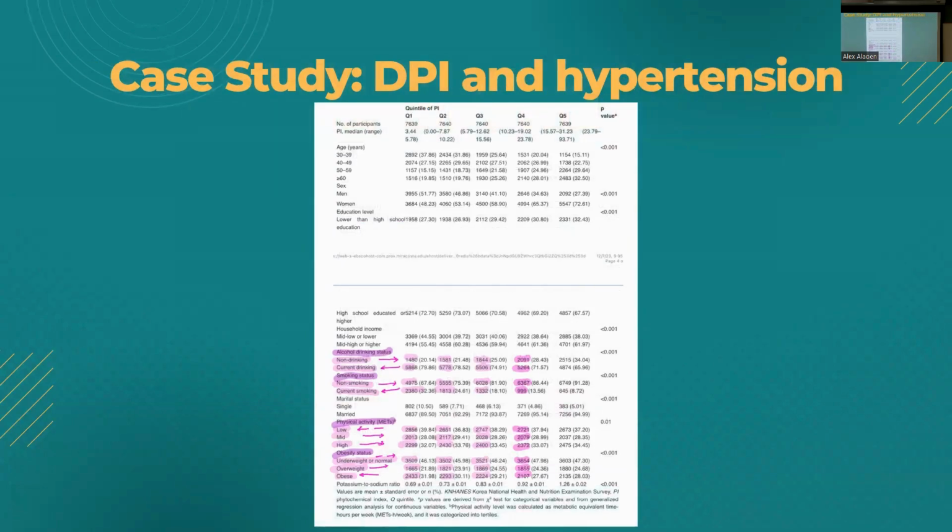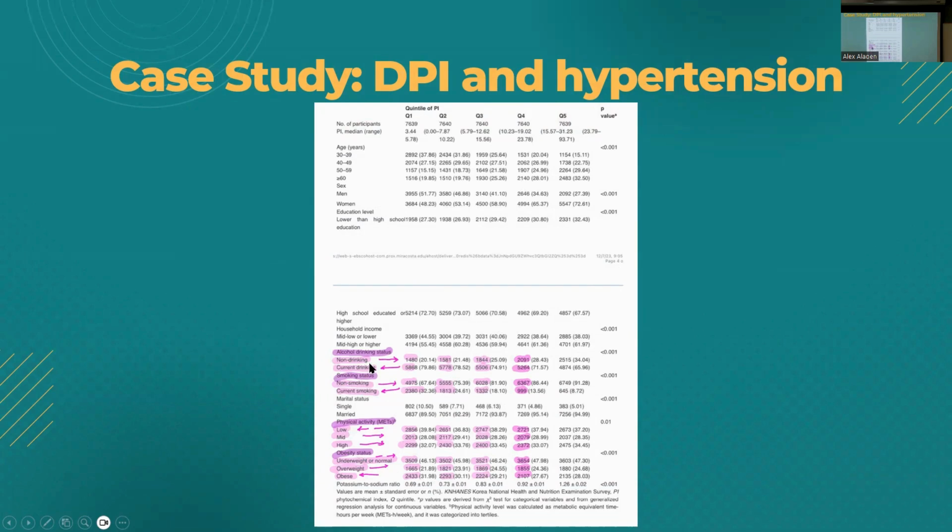And the last case study I looked at was, again, the dietary phytochemical index and its relation to hypertension. So in this one, I didn't look at the specific food groups, but I did look at the total phytochemical consumption in relation to alcohol, smoking, physical activity, and obesity.